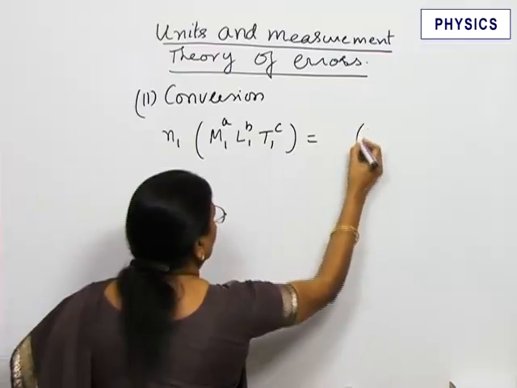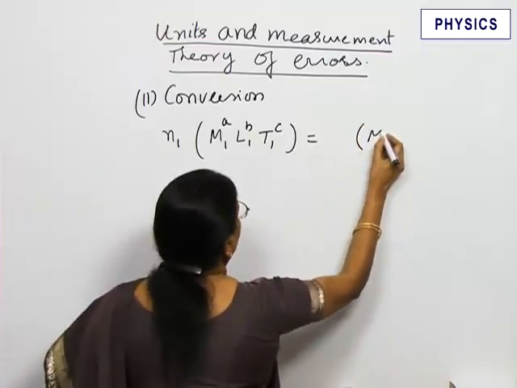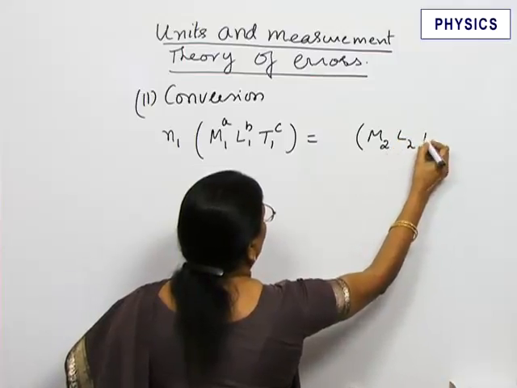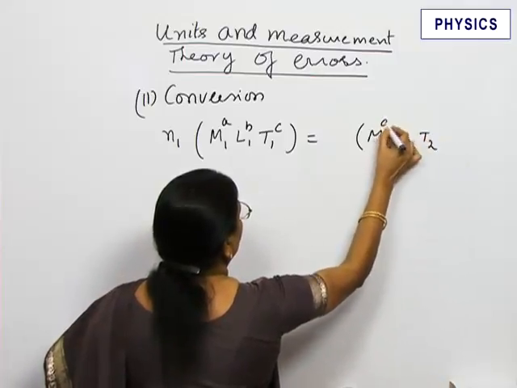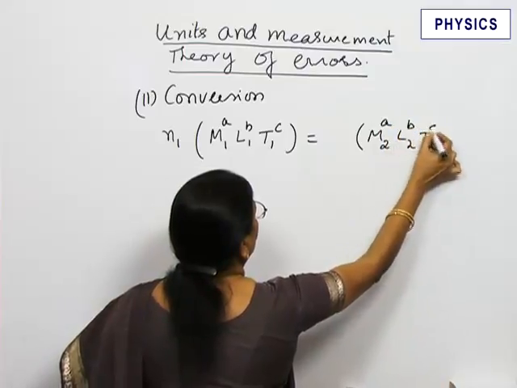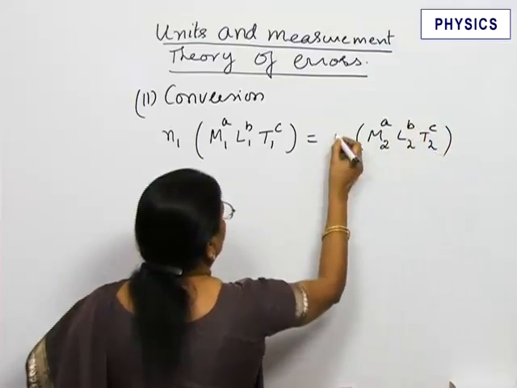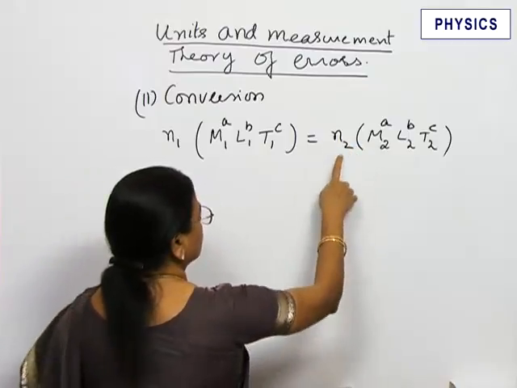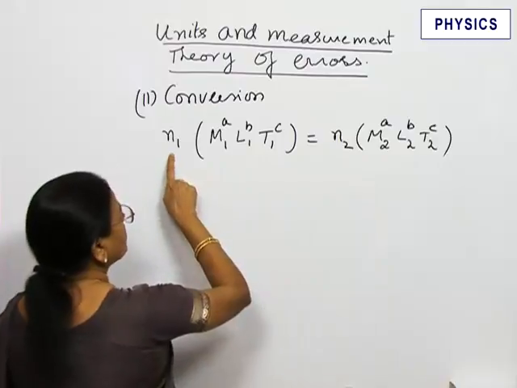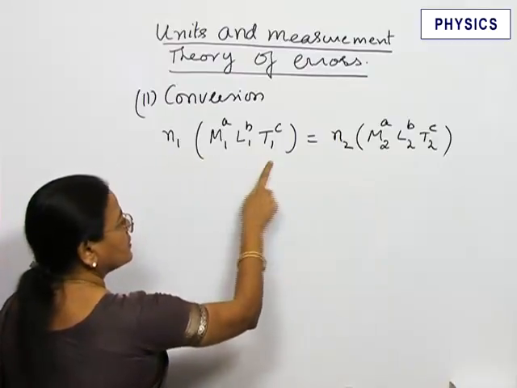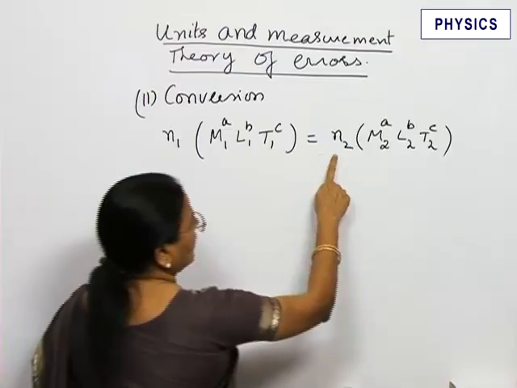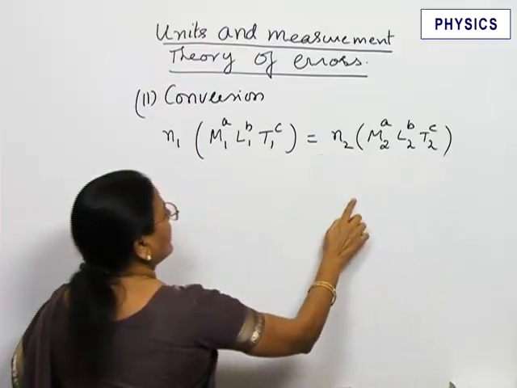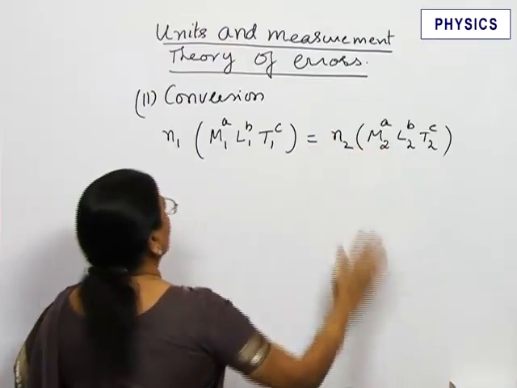Then in another system where we are having different fundamental units, say M2, L2, T2, but the dimensional formula has to be the same, so the same powers a, b, c, then N2 is the magnitude of the physical quantity in this system. So N1 is magnitude of one particular physical quantity in this system, and N2 is the magnitude of the quantity in the other system. I will explain this when we do the problem.